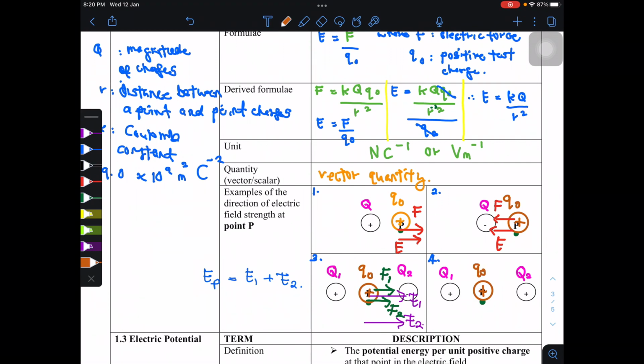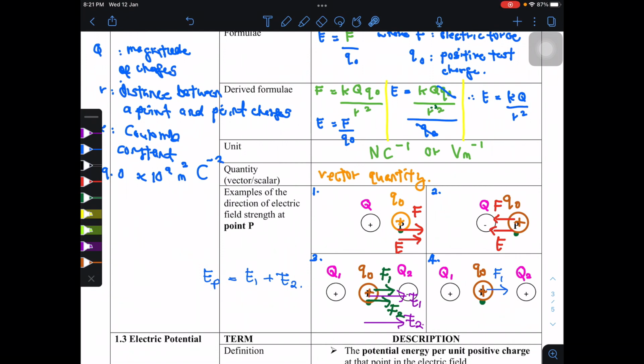First of all, we can determine the direction of the electric force acting on the test charge at point P. On the test charge by Q1, you have positive and positive, which means there is a repulsive force. I label this F1. Next, at the right side, again, you have the point charge Q2.